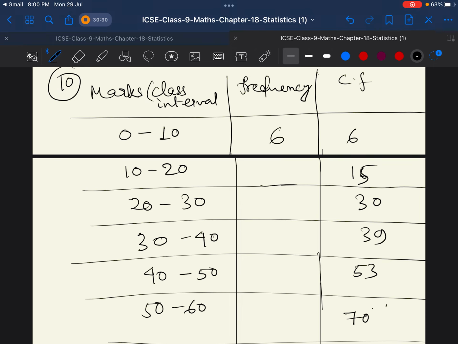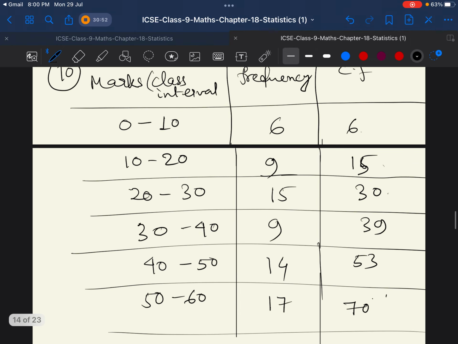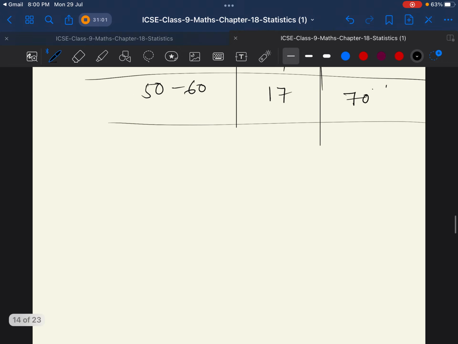Okay, now first we write here 6, then subtract 6 from 15, so this will be 9. Okay, then 30 minus 15, 15, 39 minus 30, 9, and 53 minus 39 is 14, 70 minus 53, 17. We have to find frequency. This is the frequency. Number of students is here cumulative frequency.